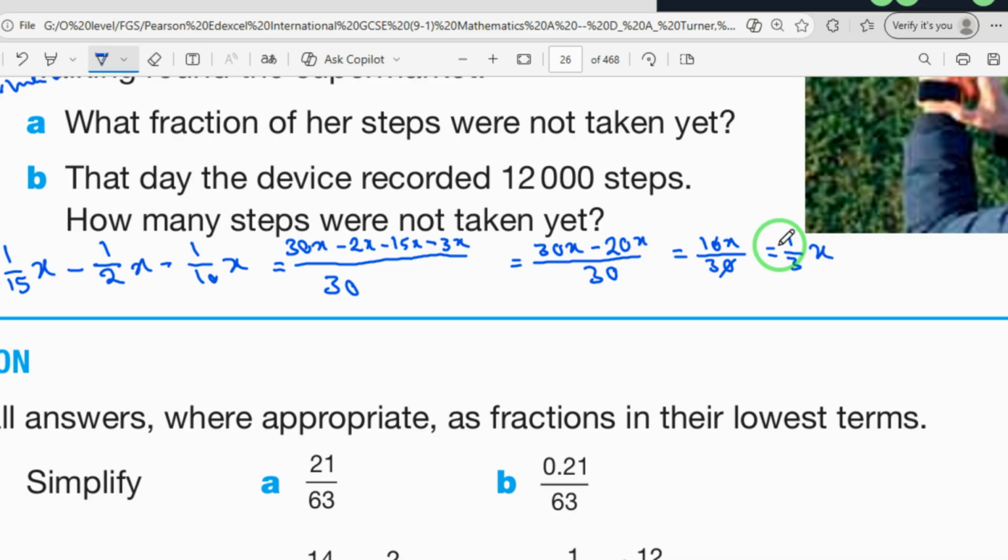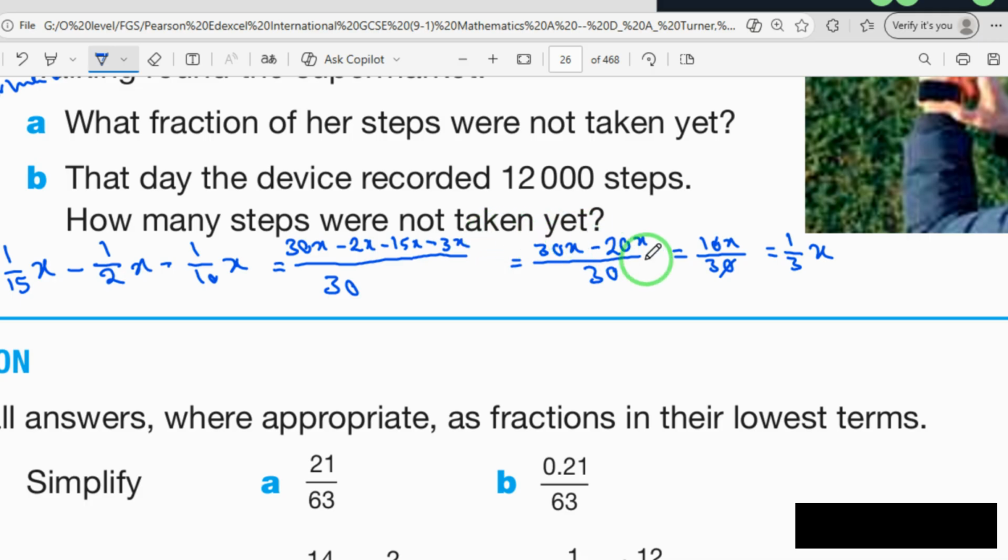This part remains undone, or not taken yet. Part A, what fraction of her steps were not taken yet? It means 1 over 3 has not been taken yet. Part 2, that day the device recorded 12,000 steps. How many steps were not taken yet? So the total steps recorded by that device is 12,000.